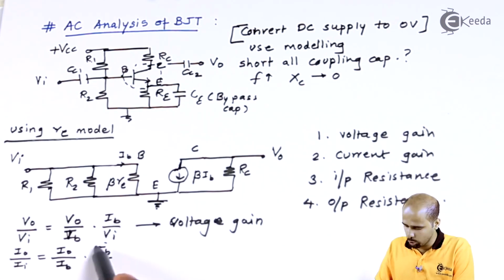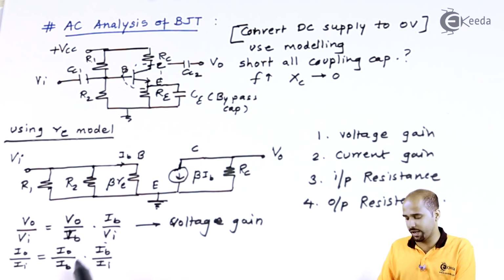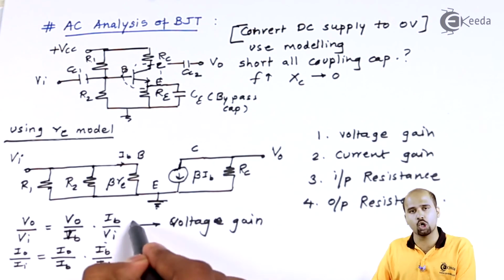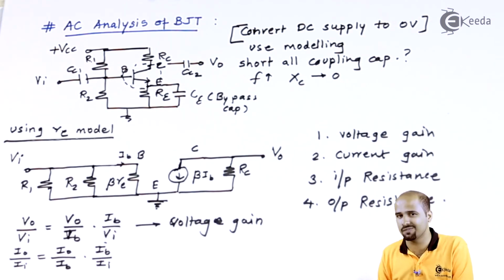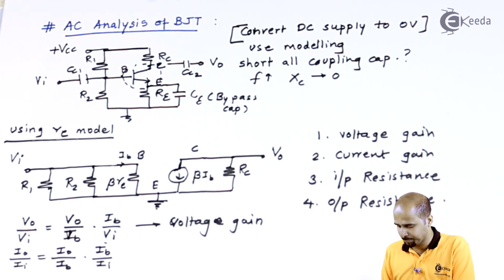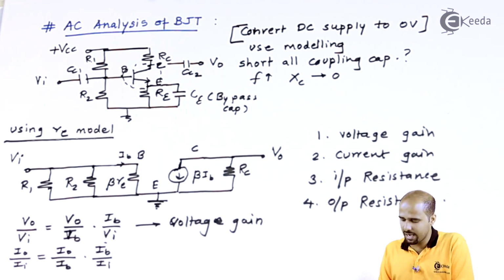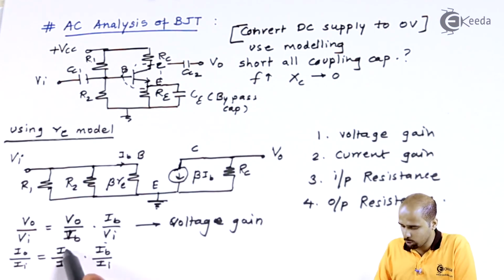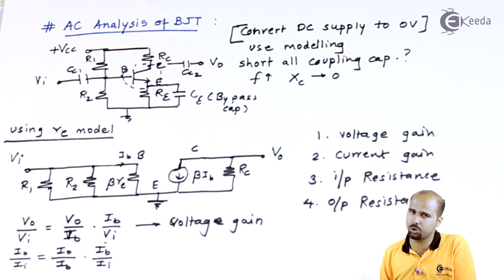Here I can use the current divider rule to find IB divided by II. Here I can use Ohm's law to decide the ratio of IB divided by VI, or the inverse ratio VI divided by IB. For VO divided by IB, we will use KCL at the output stage, and for IO divided by IB as well, we can use KCL at the output stage.